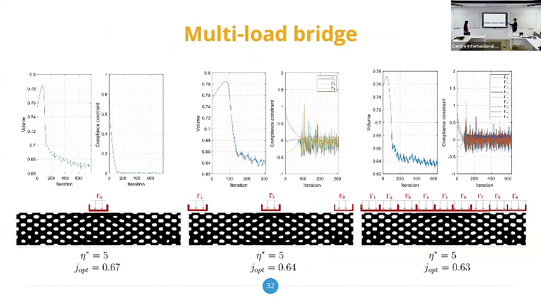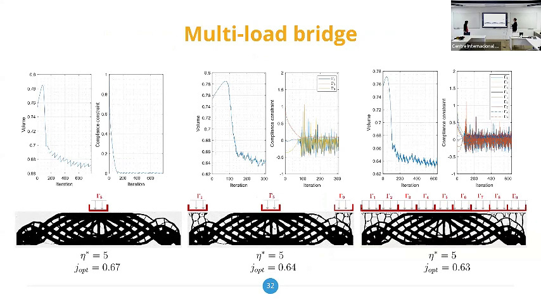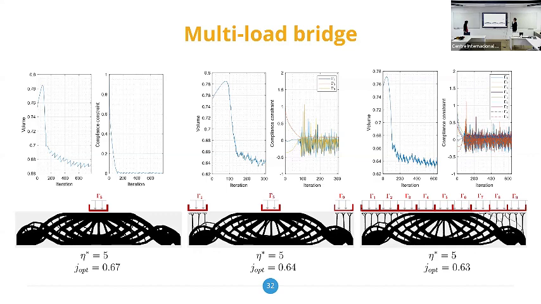Here the eta is the same, but I used a high one, 5. I'm giving a lot of importance to the compliance, and then I'm obtaining these kinds of designs where we can find very slender bars. But of course, this cannot be manufactured. We should implement manufacturing constraints because these beams are very, very slender.